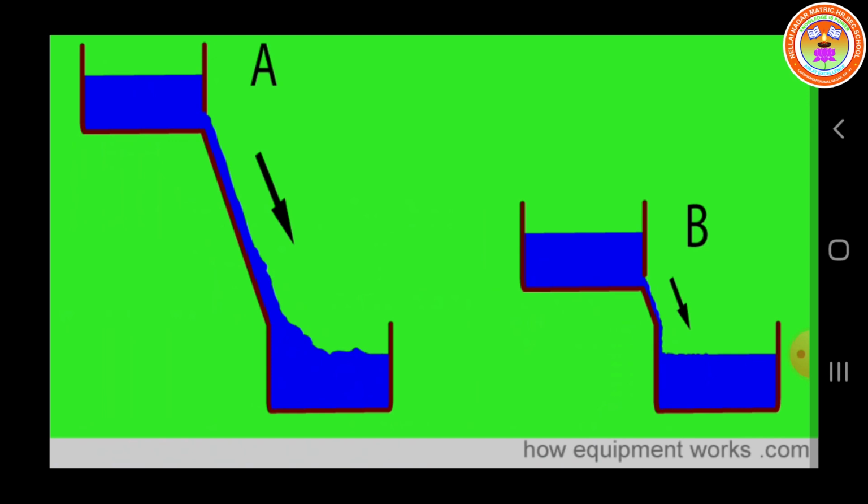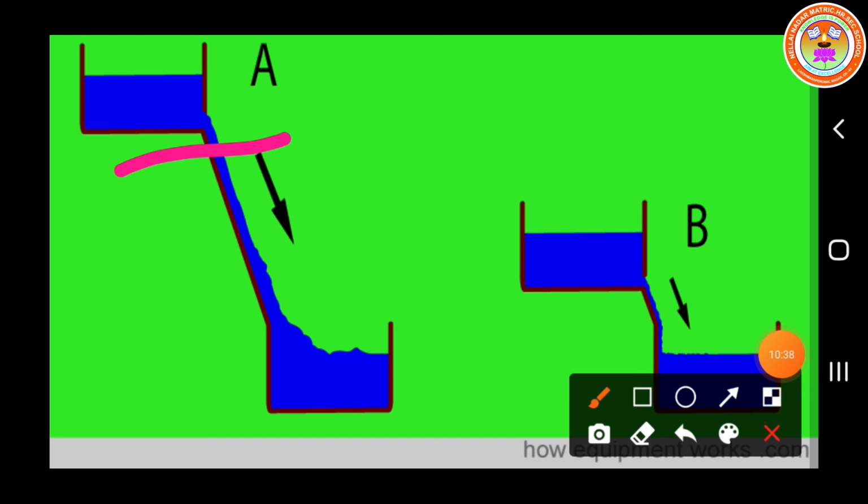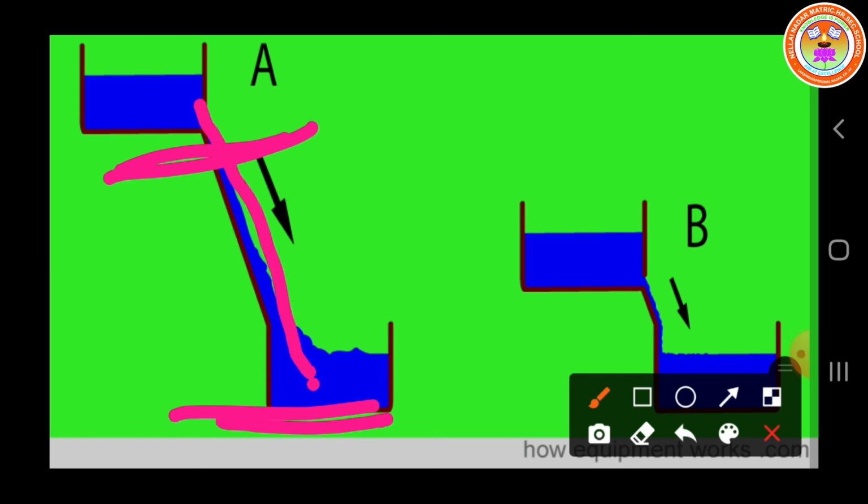Water at the top of the waterfall has more potential energy. So here we have a more potential difference, here we have a less potential difference. So the water will flow from high to low, high potential to low potential. Water near the base of the waterfall has less potential.